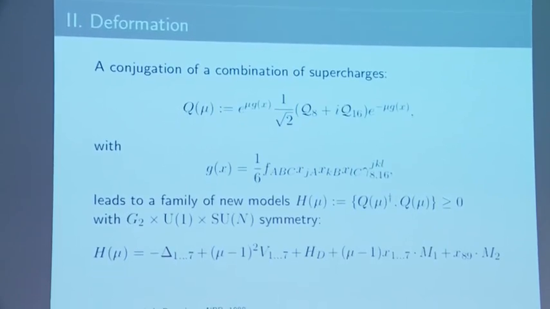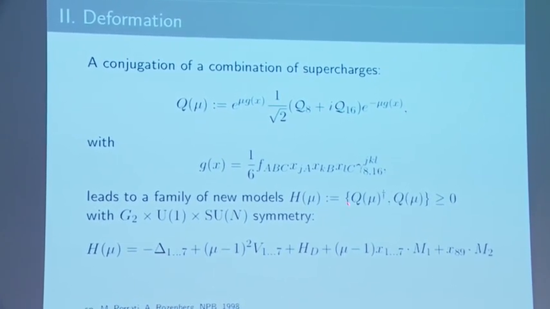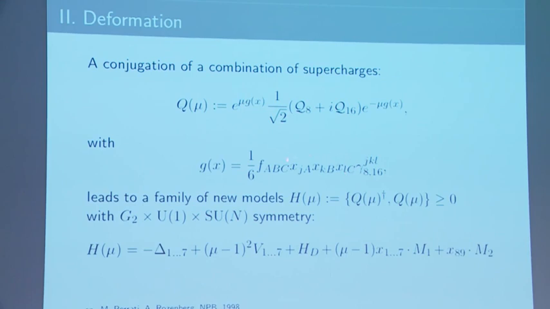The deformation case, so essentially it's a little bit related to what happened in the 3-dimensional case, that you somehow consider a cubic superpotential, if you want, where we single out some directions, say the last 2 directions, 8 and 9, and also the indices 8 and 16 in the Clifford algebra.